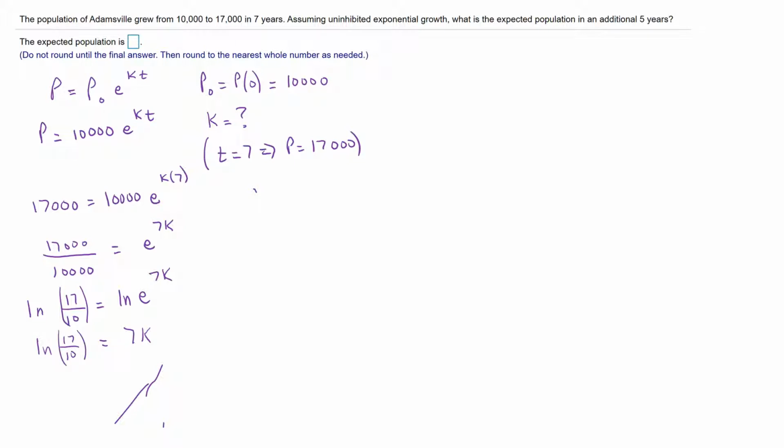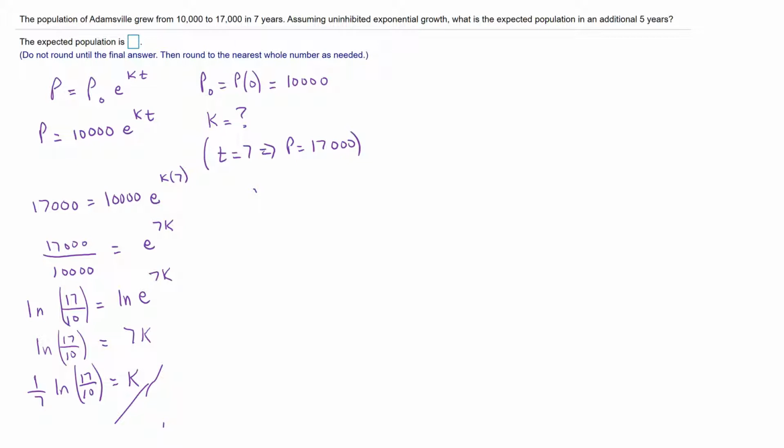To solve for k, we would now divide both sides by 7. But to avoid the complex fraction, we could instead multiply both sides by 1/7. Multiplying the right side by 1/7 cancels out the 7, and so now I have k.